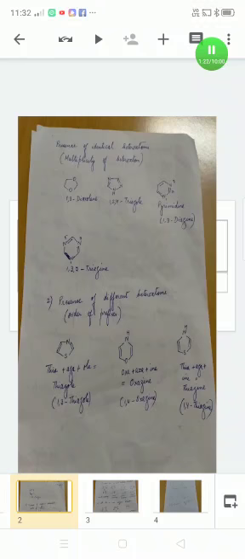Then the next is presence of different heteroatoms, order of preference. When two or more different heteroatoms are present in the same ring, the prefixes of heteroatoms are combined in the order of their appearance in table 1. Table 1 I have already shown in my previous lecture.